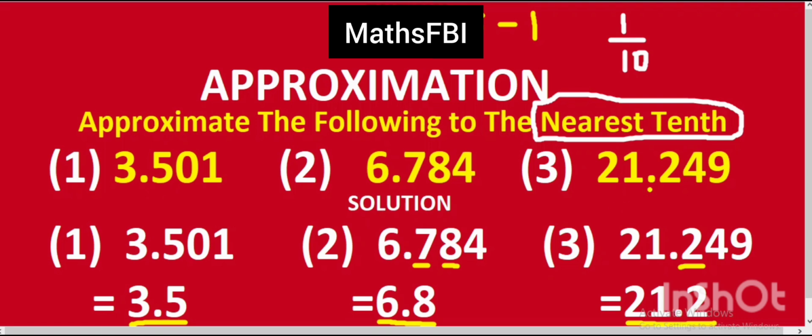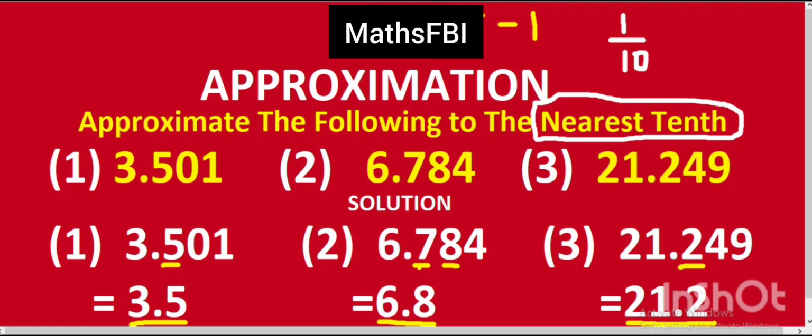Okay, and so question number 1, we are approximating to the nearest tenth. So we are considering the number immediately after that 5, which is less than 5. Because it is less than 5, we round it down to 0 and add to this. 0 plus 5 is 5, that's why we arrive at 3.5 here.